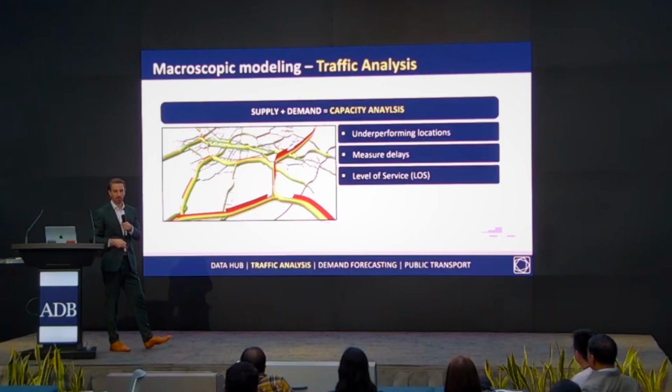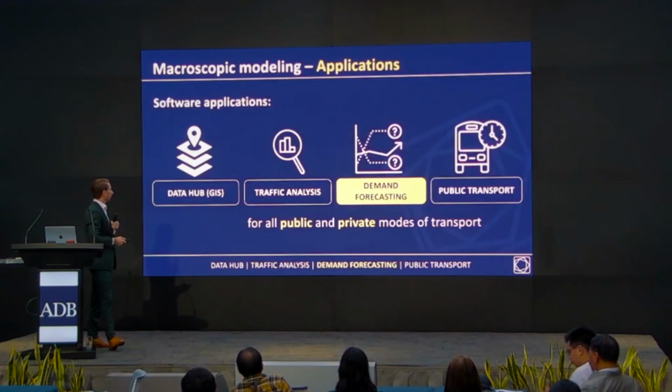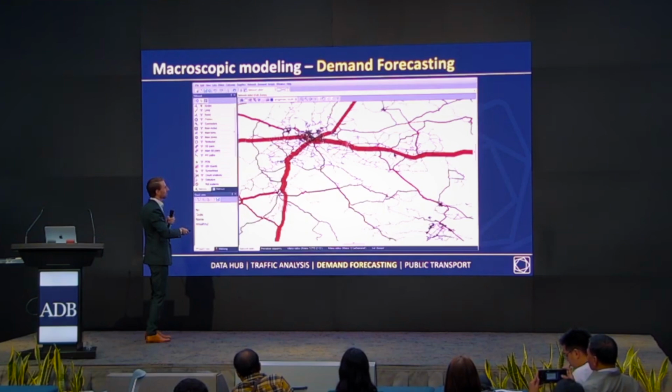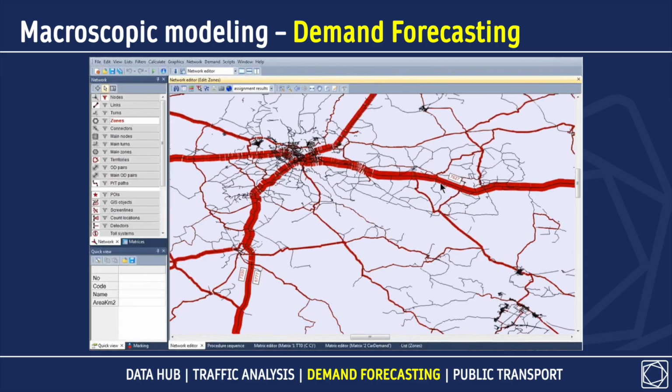And that can give you a really good idea of your network capacity and network performance, which is insightful. But when it becomes really useful is when you use it to develop forecasts. So you need to have a good baseline and base model to then develop forecasts. So again, say this is your city.